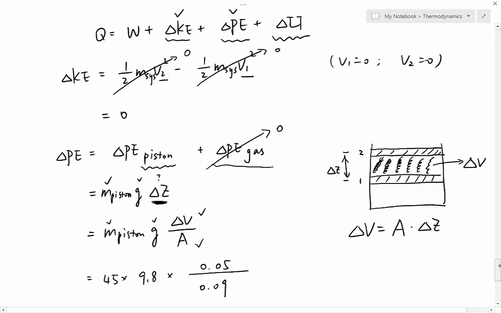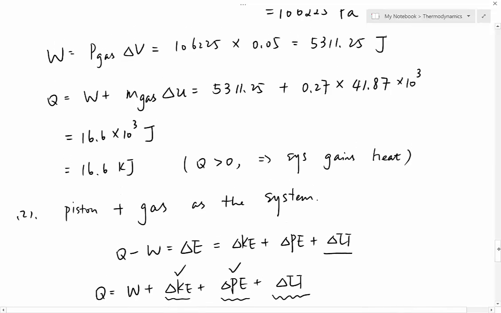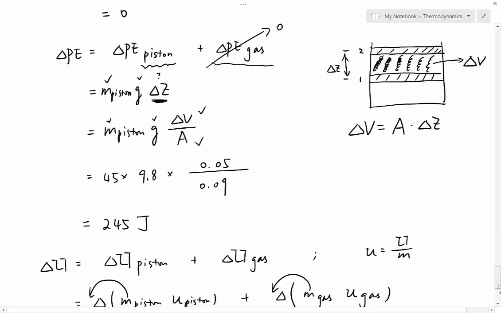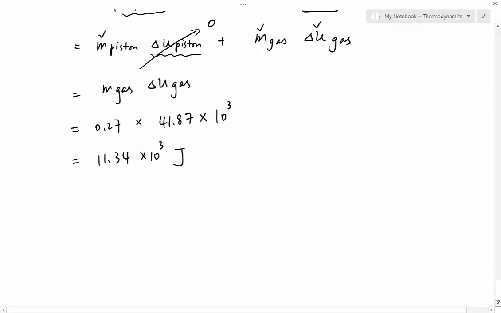And now let's continue. Let's go back to this equation, heat transfer. Now I have found the last term in the right-hand side, delta U. So the only thing left for me to solve this question is the first term in the right-hand side, which is work. How do we look for work? Like we said, I always suggest you start from the most fundamental equation.